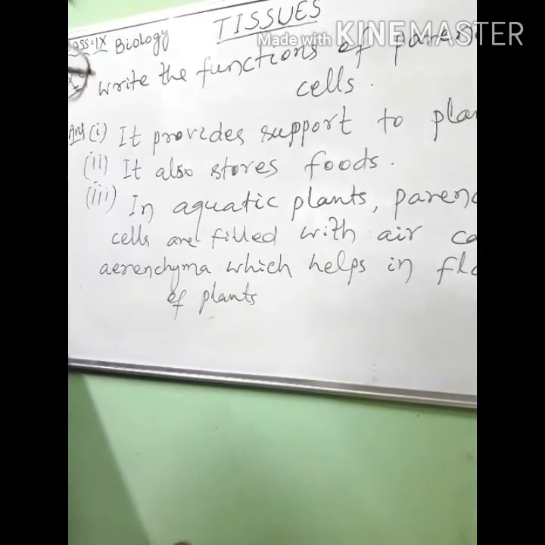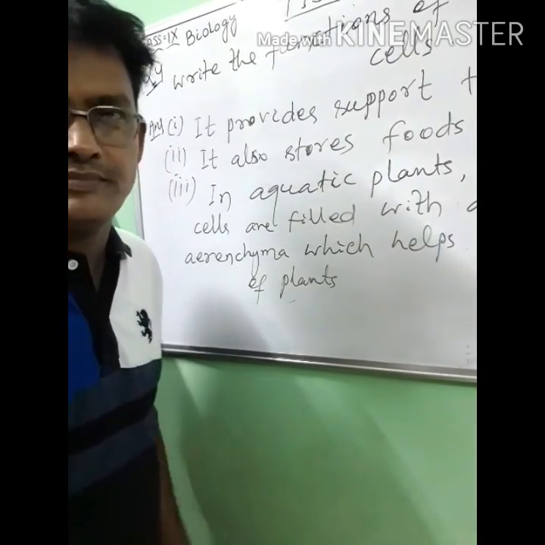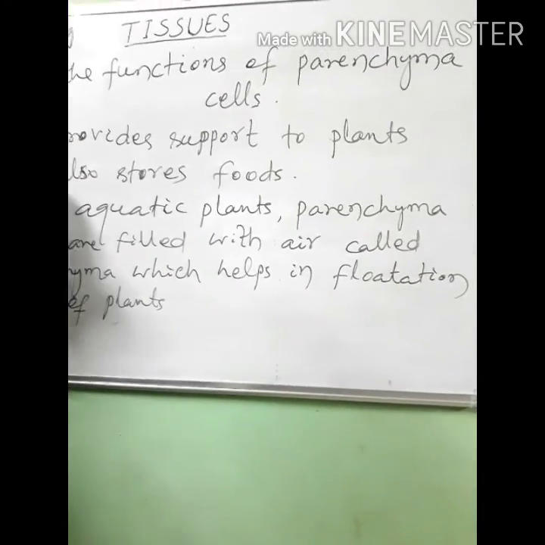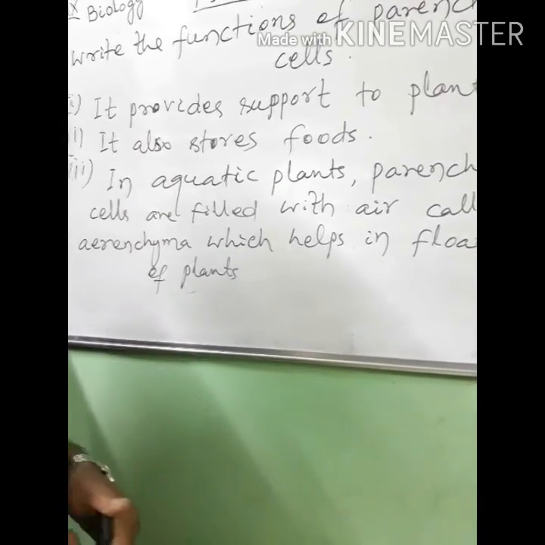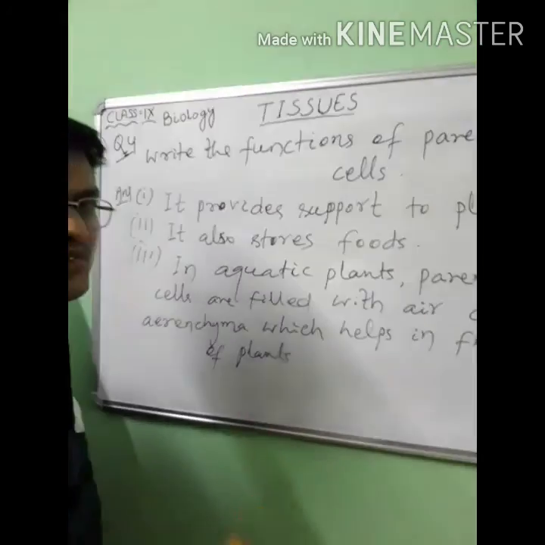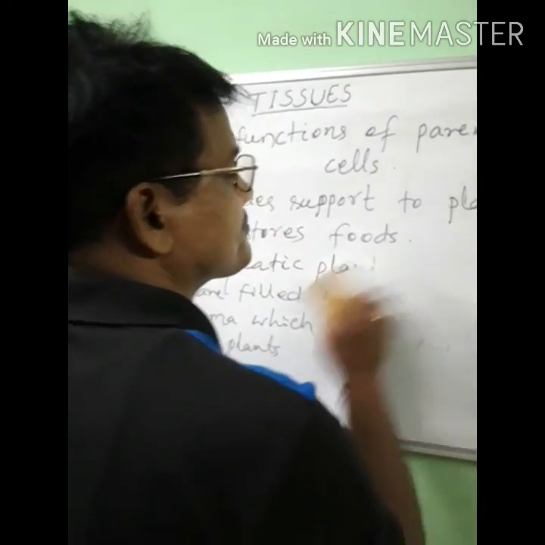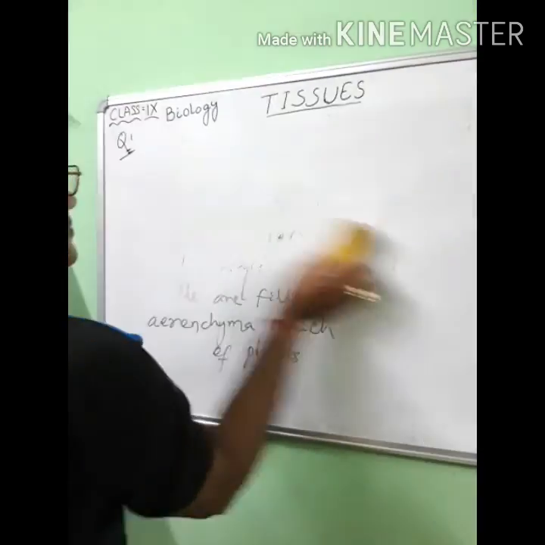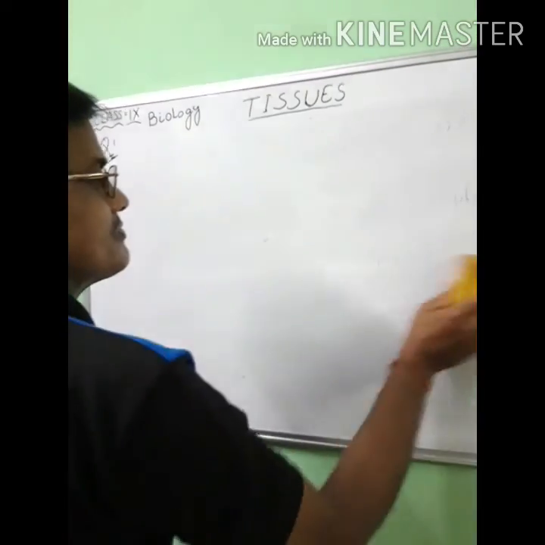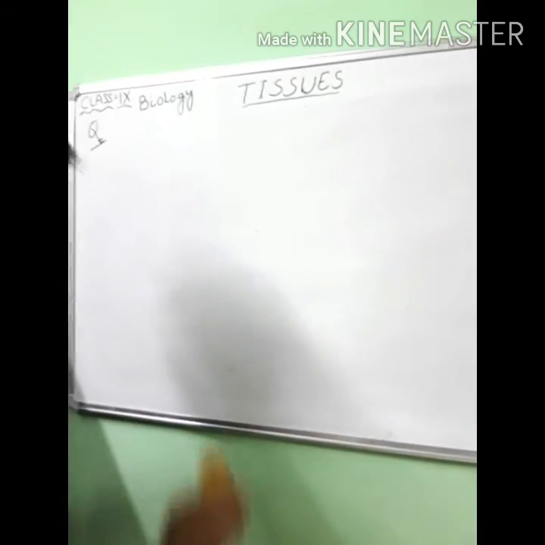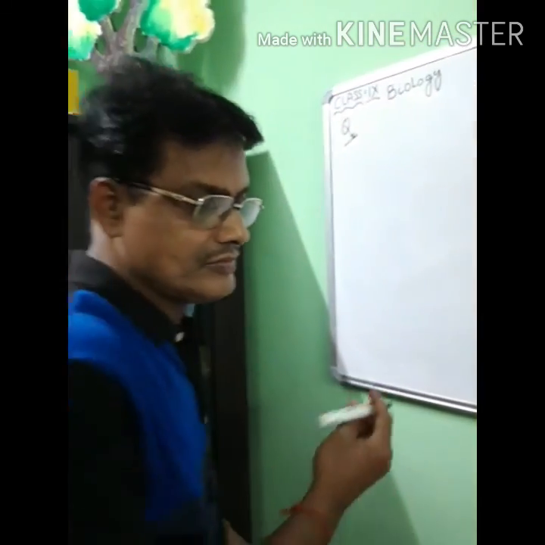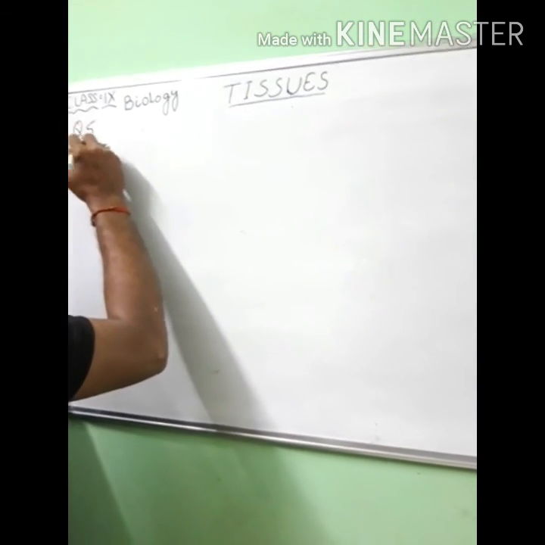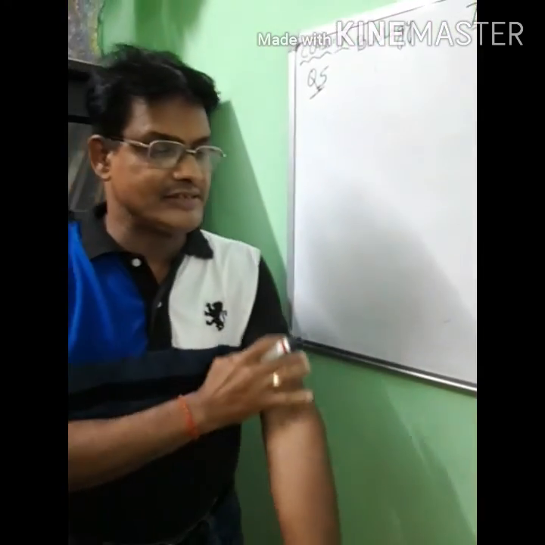Flotation of plants means buoyancy of plants. These are the three functions of parenchyma cells. Next, question number 5.